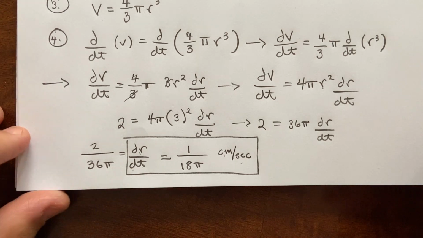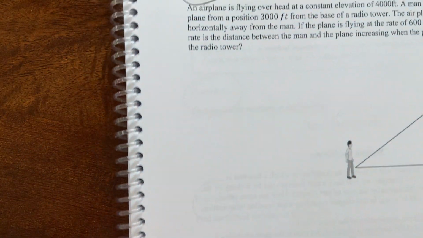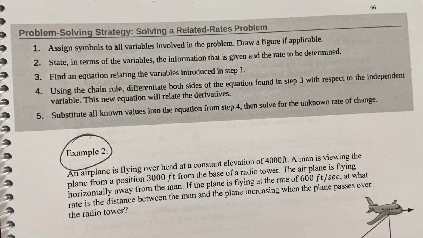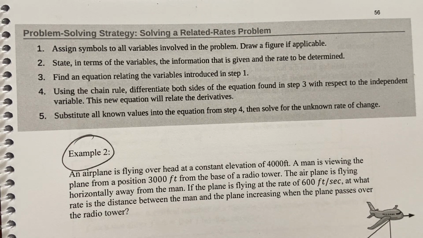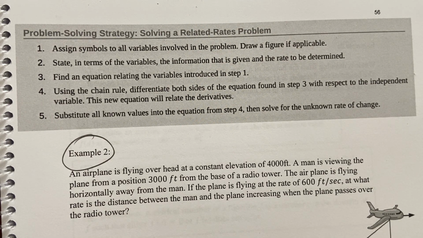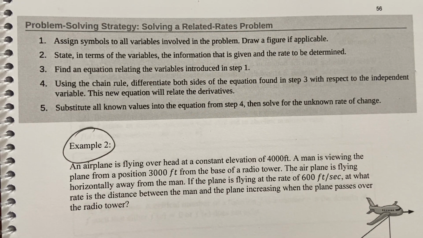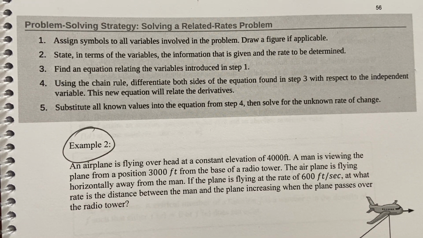Okay, so on to page 56. It's another related rate problem, but the context is quite different from the one we just did, but same 5 steps can be applied. All right, so let's read it. That's kind of step 0. So an airplane is flying overhead at a constant elevation of 4,000 feet.